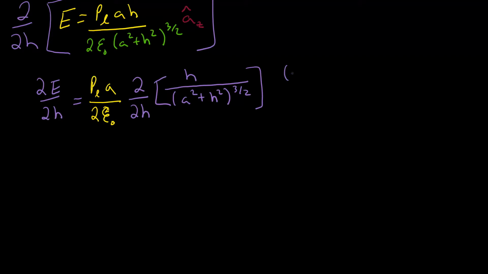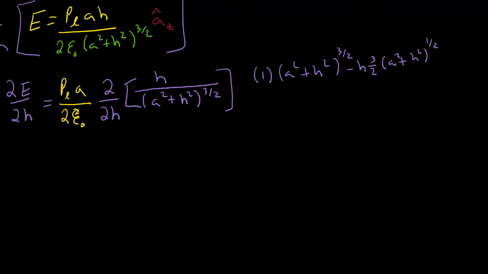So it's going to be 1 times (A squared plus H squared) to the 3 over 2, minus 3 over 2 times (A squared plus H squared) to the 1 half times 2H, all over (A squared plus H squared) to the 3 halves squared, so that's going to be to the 3.